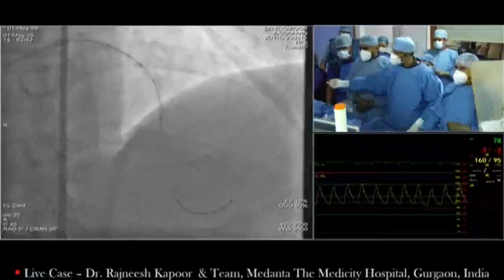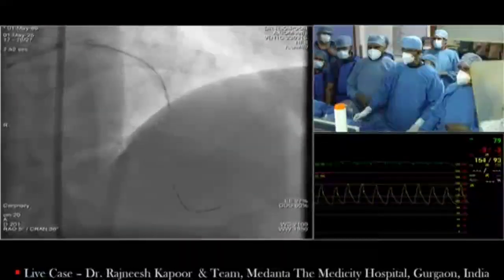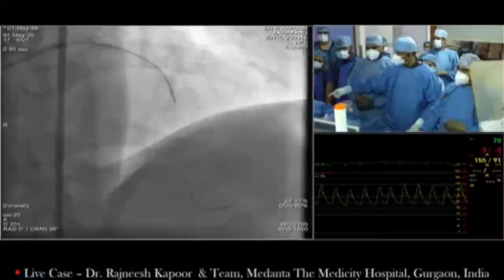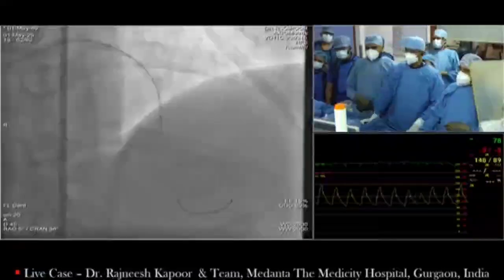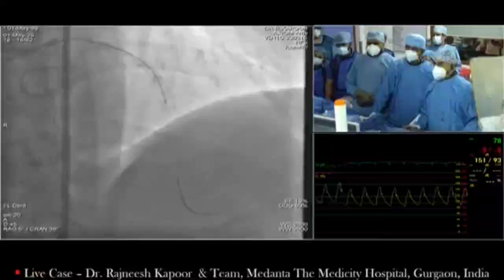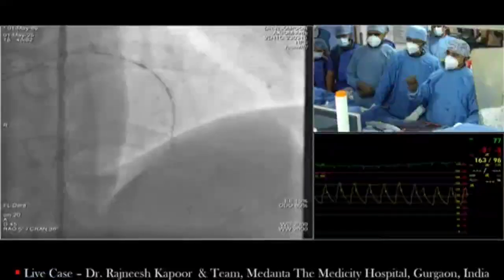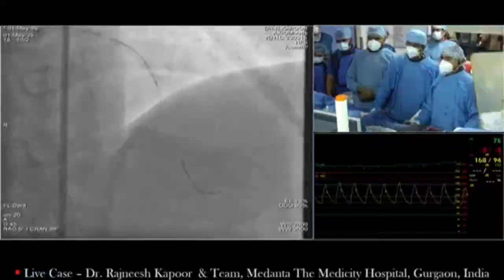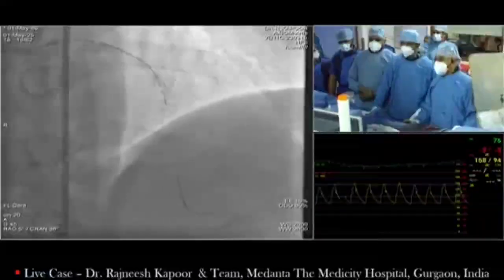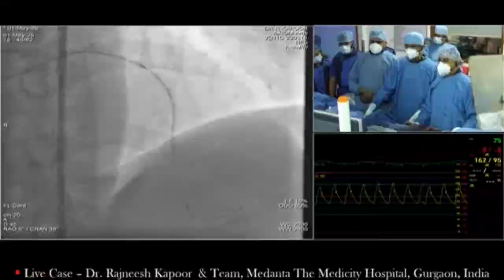After great patience, almost 15-20 minutes of multiple passes, it was getting stuck at this point, but we maintained our patience, and this is all at 80,000 RPM. We kept the burr there, and look at this. It crossed and jumped at one point, almost after 10-12 minutes of burring.